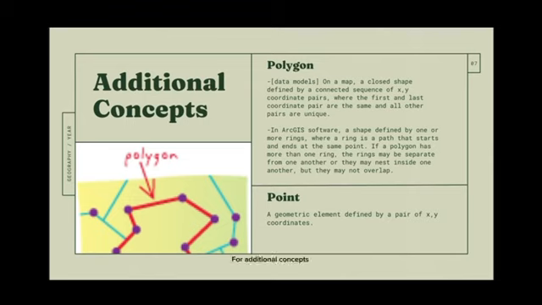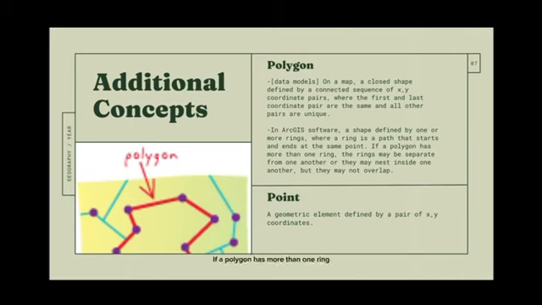For additional concepts, a polygon on a map is a closed shape defined by a connected sequence of x and y coordinate pairs, where the first and last coordinate pair are the same and all other pairs are unique. In ArcGIS software, it is a shape defined by one or more rings, where a ring is a path that starts and ends at the same point.